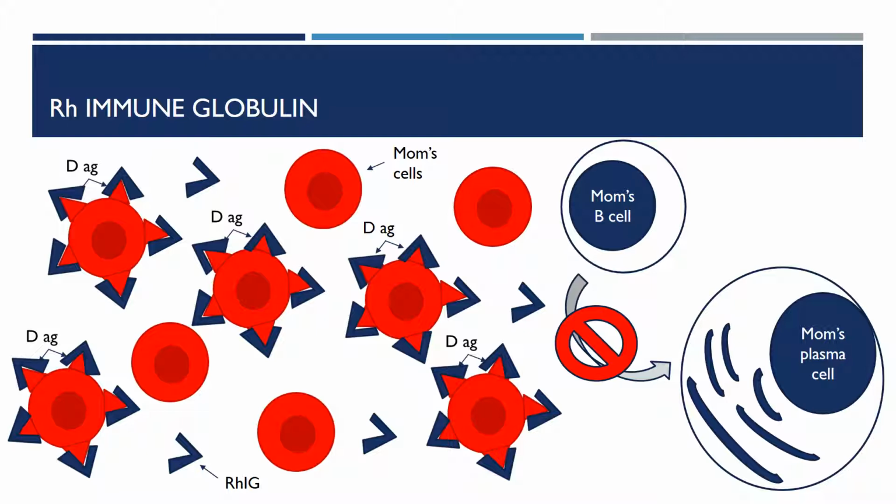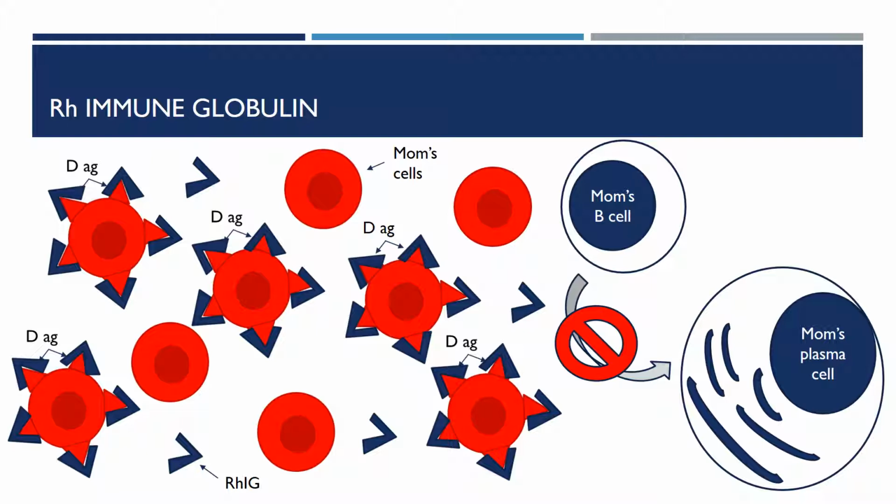Okay, because if she never encounters a D antigen, then RhIg is not going to do anything to her. However, if there are a few red cells in there from the fetus, the immune globulin will find and bind them.